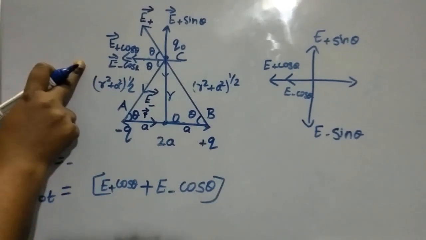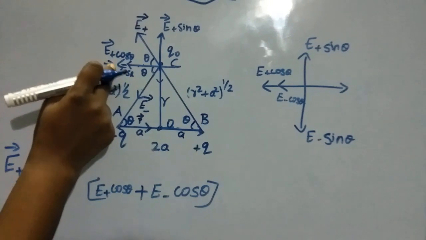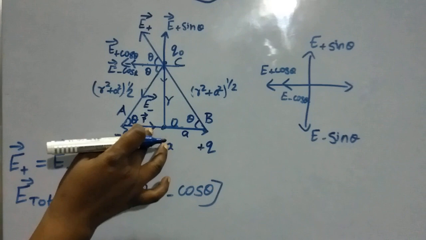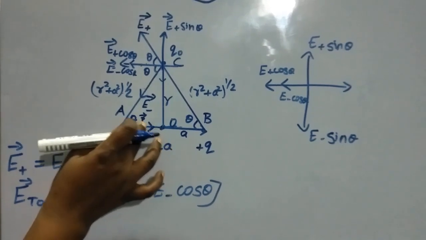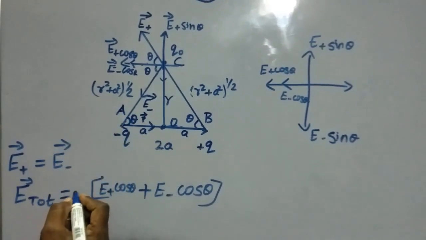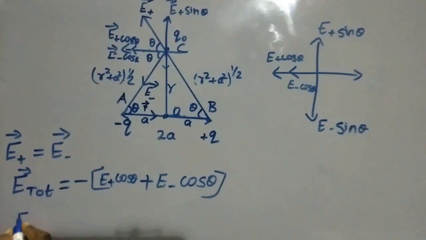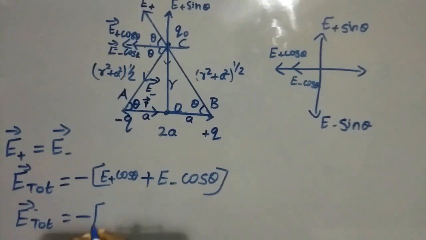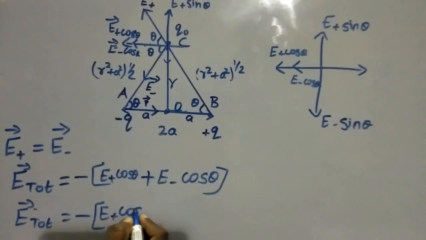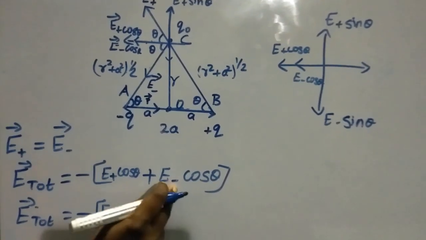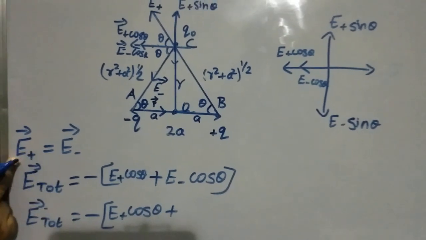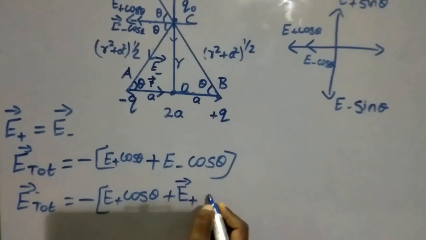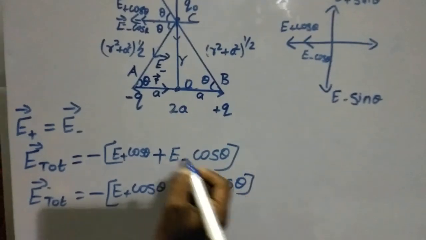In this diagram, the direction of E plus cos theta and E minus cos theta is opposite to the direction of P vector. So one minus sign will come. E total vector equal to minus E plus cos theta plus, here E minus vector is equal to E plus vector. So instead of E minus we can put E plus vector cos theta.